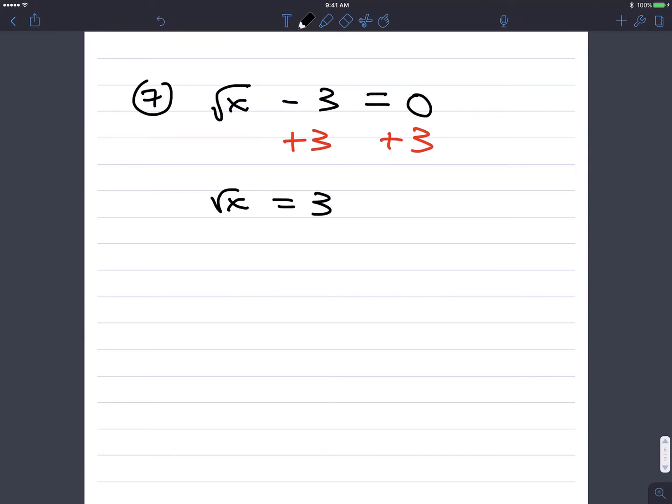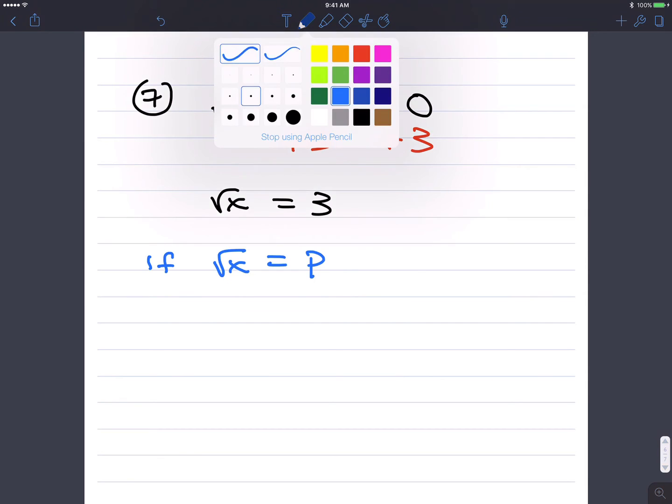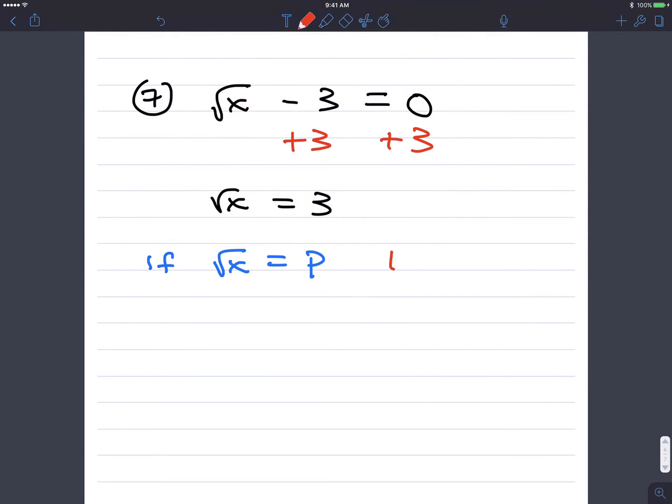So maybe at this point, let's note, if I had to give you a fact to use for homework, what we want to remember is that if I have the square root of x equals, let's say, p, where this p value is both positive or 0.